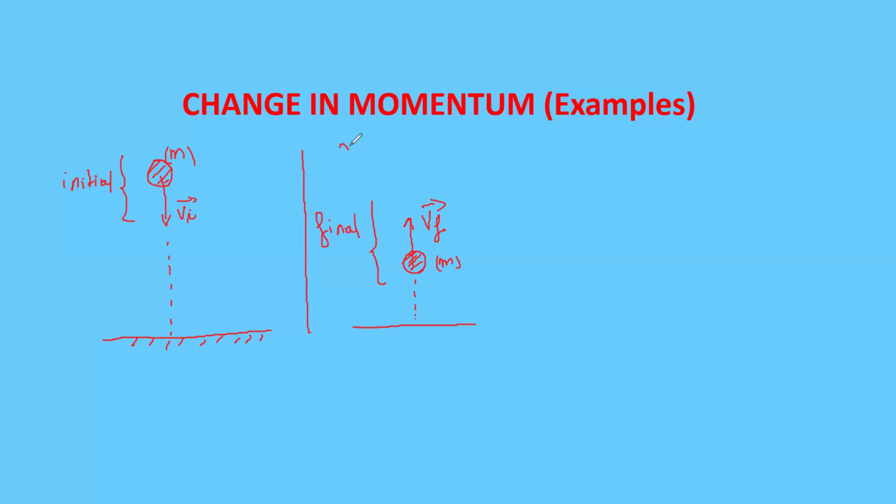Here, the mass is 200 grams. The initial velocity is 6 meters per second. The final velocity is 4 meters per second. So, to talk about change in momentum, I have to define a positive direction.